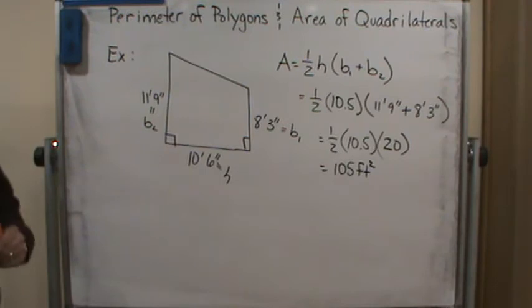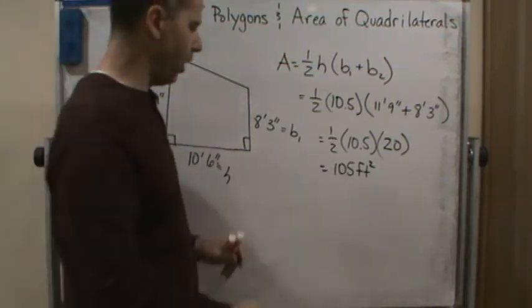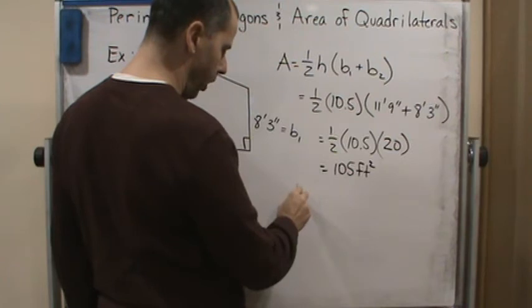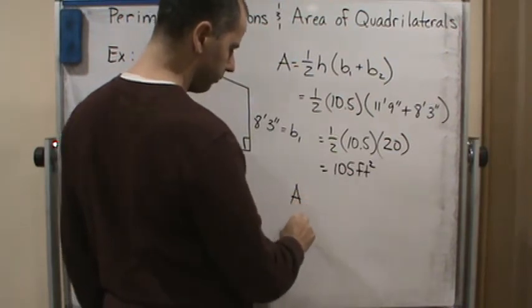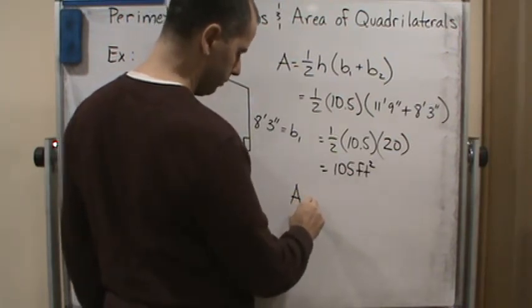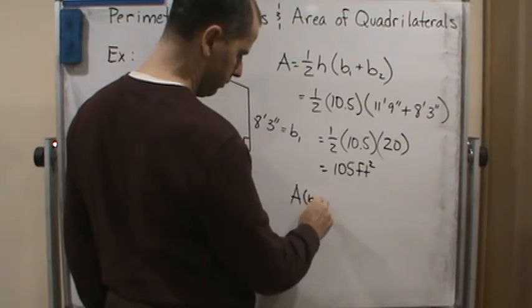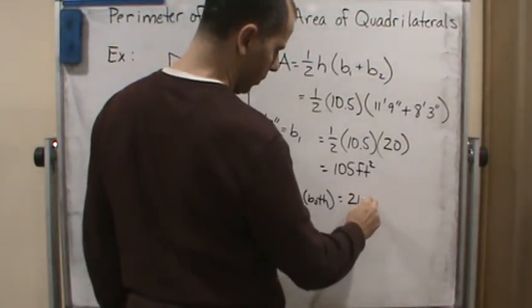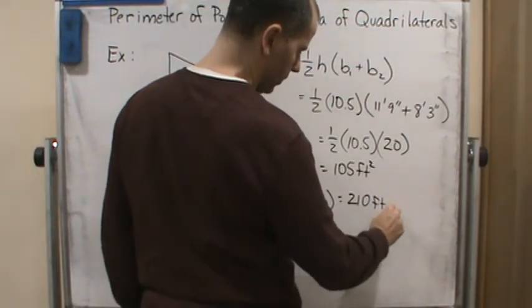Okay, so now, at this point, let's double the area because we've got two walls. So the area of the two walls is going to equal 210 square feet.